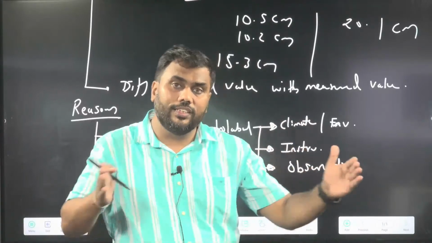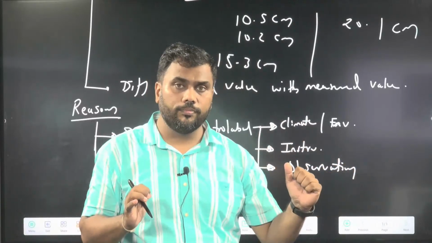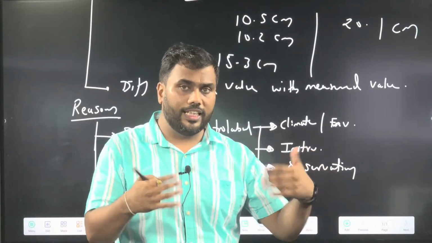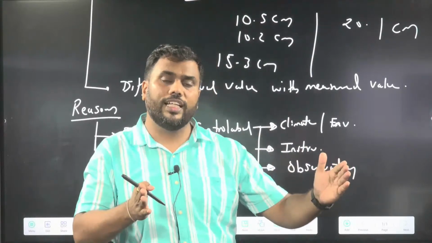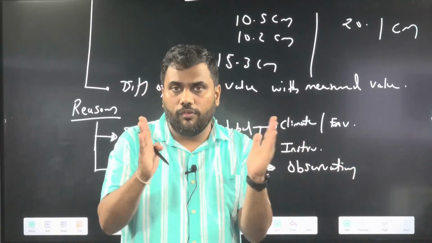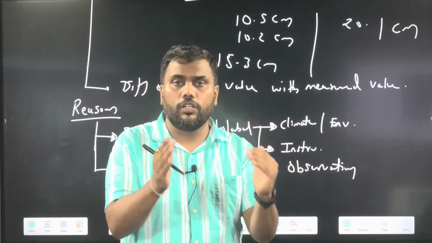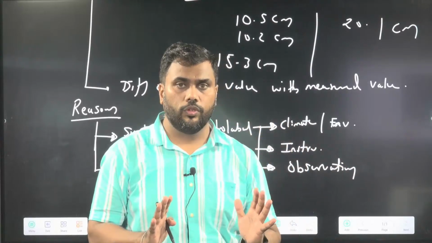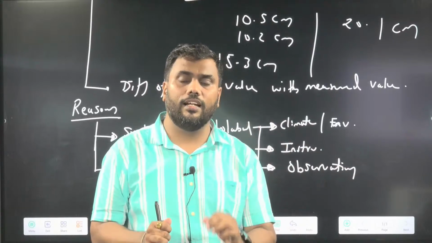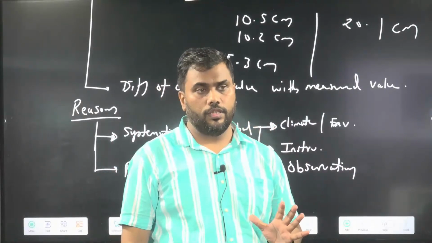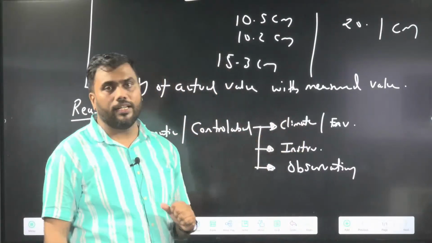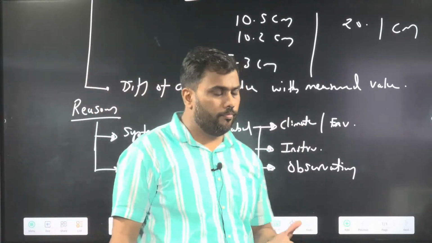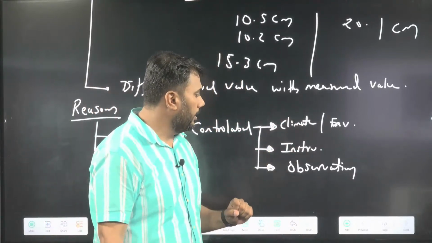So the steel scale will definitely expand. The length of any material will expand with temperature. Because of the expansion, the markings will have a bigger size than what they used to be at 20 degrees Celsius. So whatever you are measuring with this scale will have some error. That kind of error is called climatic error or environmental error.